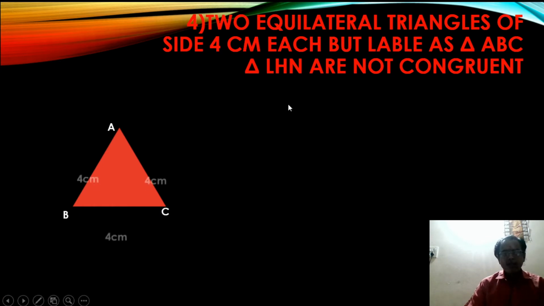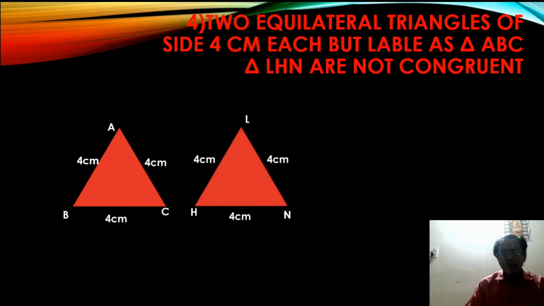Here ABC is an equilateral triangle with sides of length 4 cm, and here LHN is the other equilateral triangle with sides of length 4 cm each. So can you say these two are congruent? Yes, definitely they are congruent, but the statement says they are not congruent. How can we say these two are congruent?